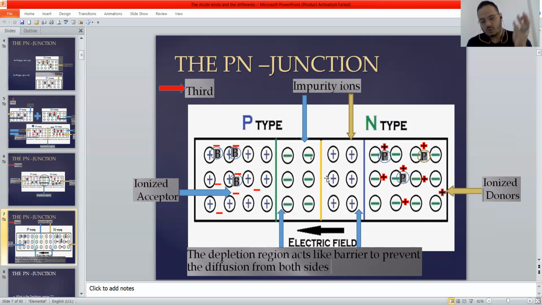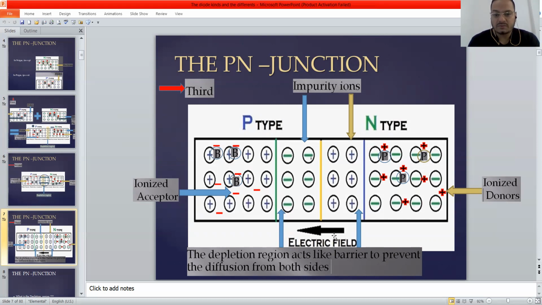Why? This is the first question. And why do we have ions on both sides? We know donors here, acceptor ions here, because they're attractive. But actually, why do we have ions in this place? This is the second question.